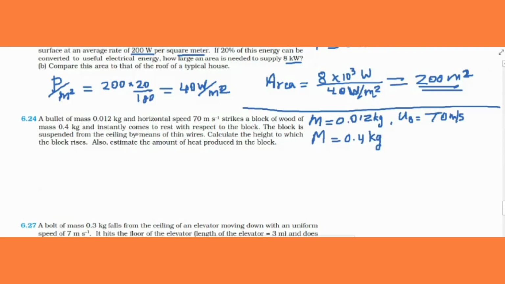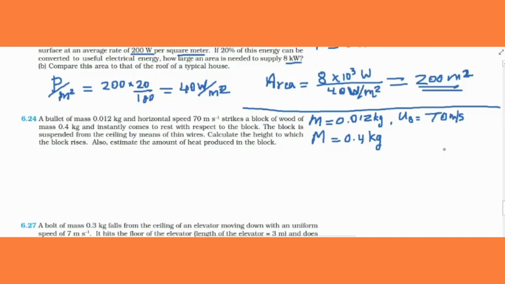And instantly comes to rest with respect to the block. That means the bullet gets embedded inside the block. The block is suspended from the ceiling by means of thin wires. Calculate the height to which the block rises.